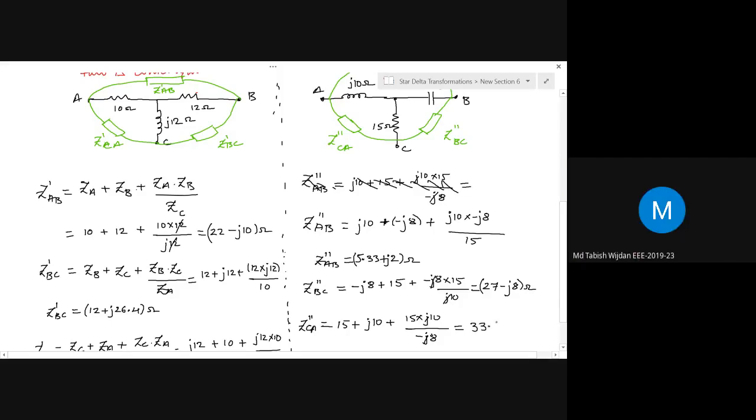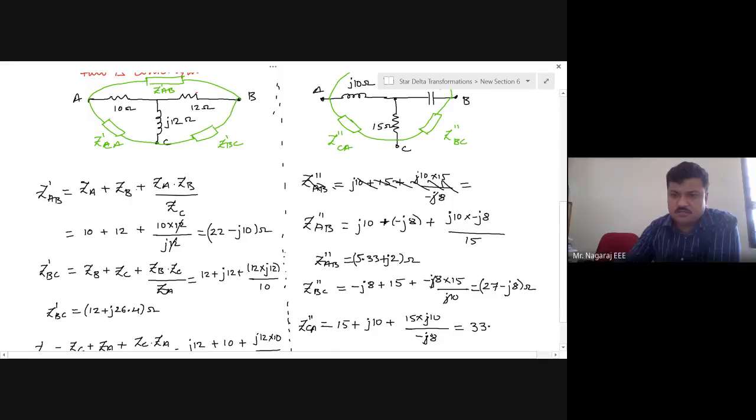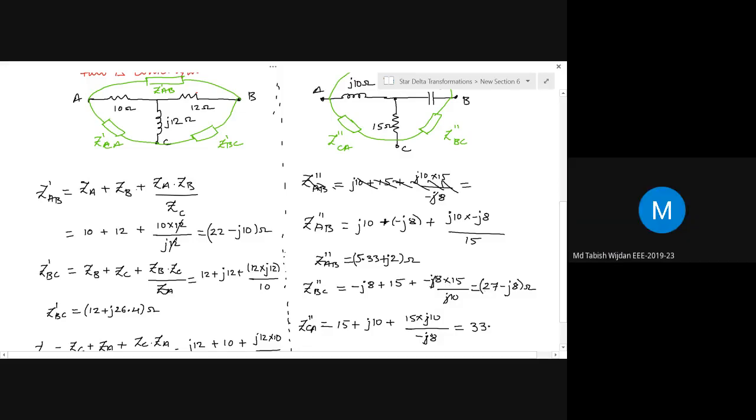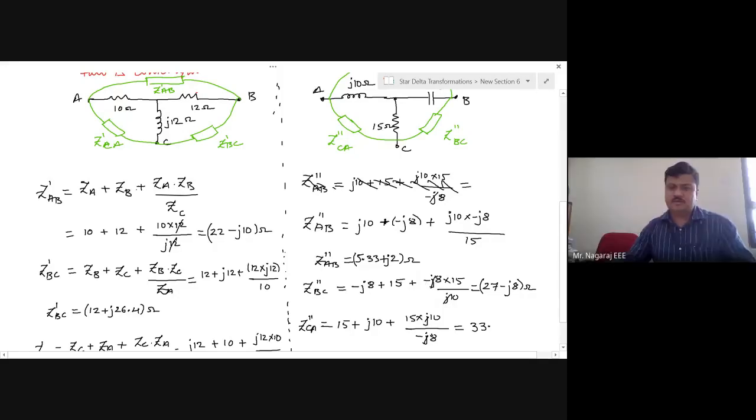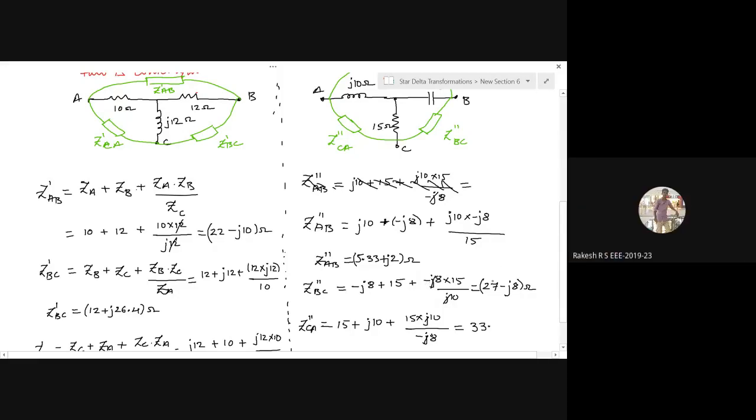Sir, 3 minus J8. Excuse me, sir. Z double dash BC is equal to 3 minus J8, above this, sir. Where? This Z here, ZBC double dash. Yes, this minus we will get, right? Sorry. 15 minus, 3 minus 8J.